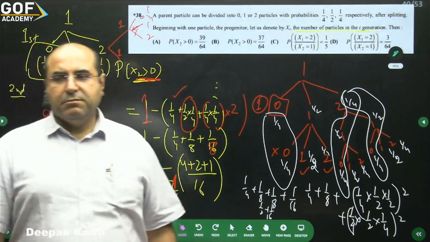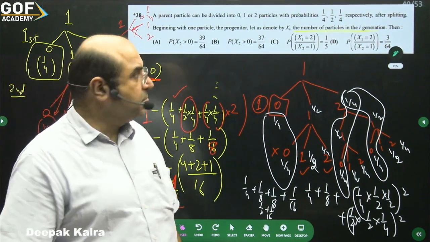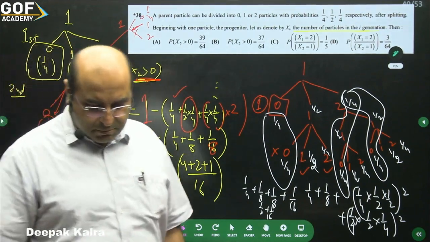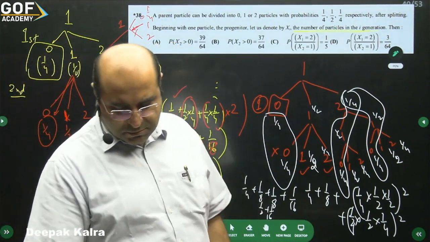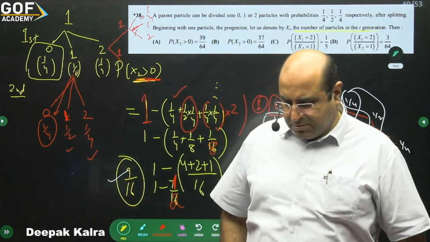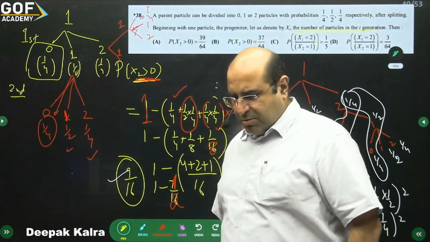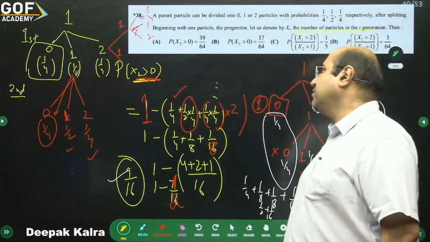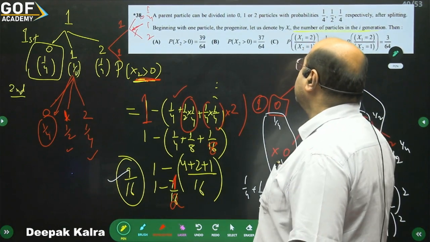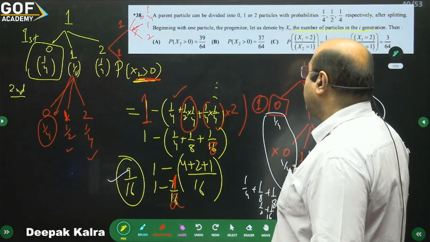Okay. I will check this question. There could be some error, but the splitting we are doing is correct, I guess. What else is there? I don't know. Second generation we need to stop.